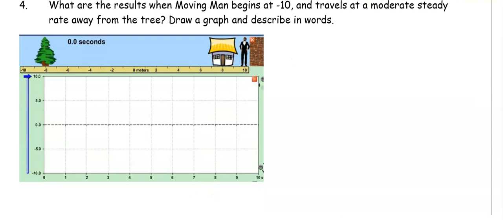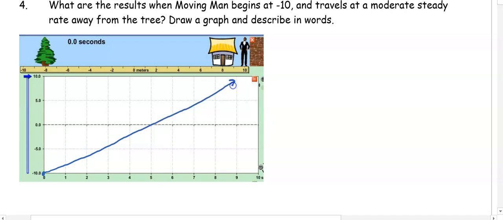So in number 4, what are the results of the moving man beginning at -10 and traveling at a moderate speed away? So if we start at -10 down here and we move at a moderate speed, okay, it's a straight line because he's moving at the same speed or the same rate, but it's not very steep or flat.